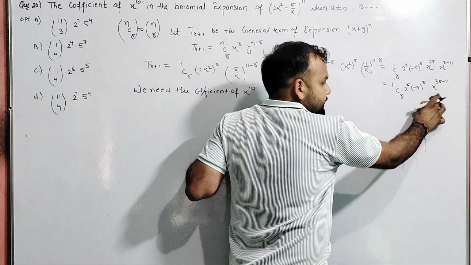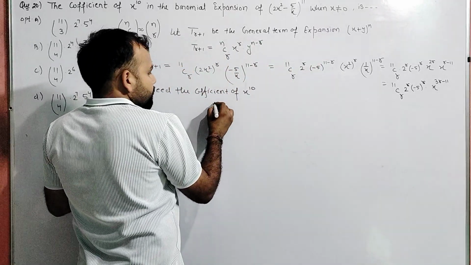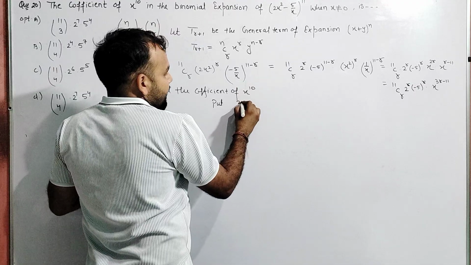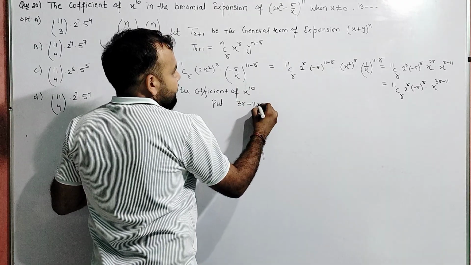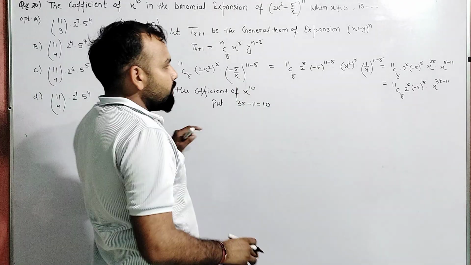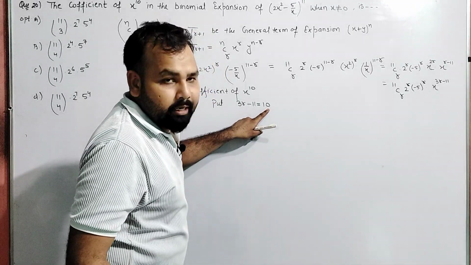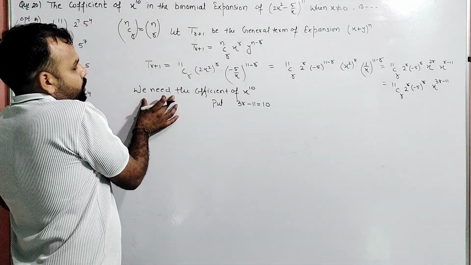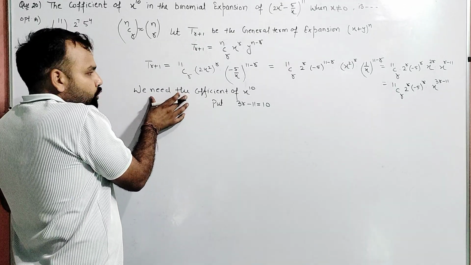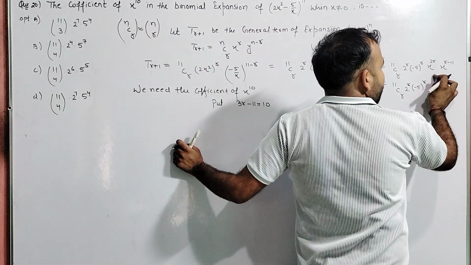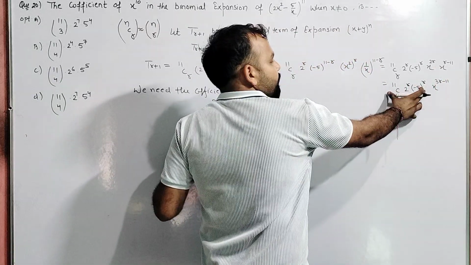So in that situation, we are going to put 3r minus 11 equals to 10, because we need to find the coefficient of x to the power 10.